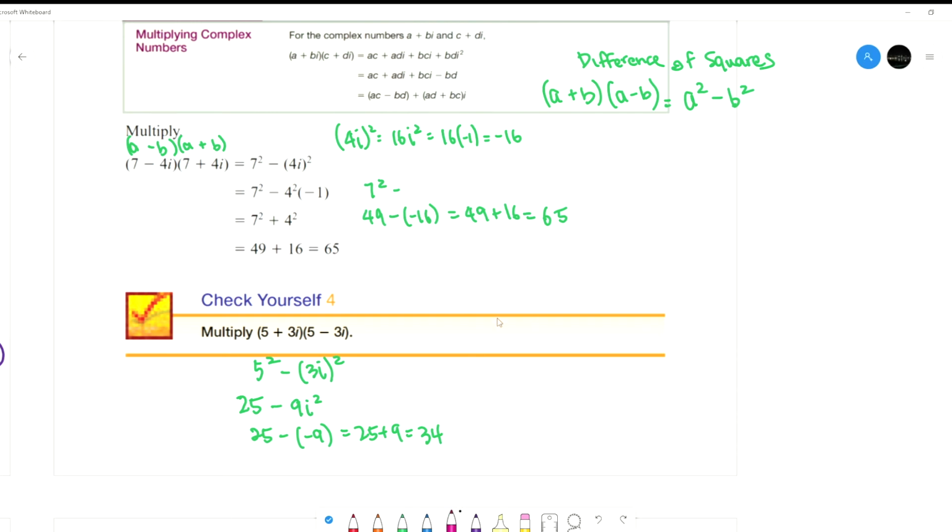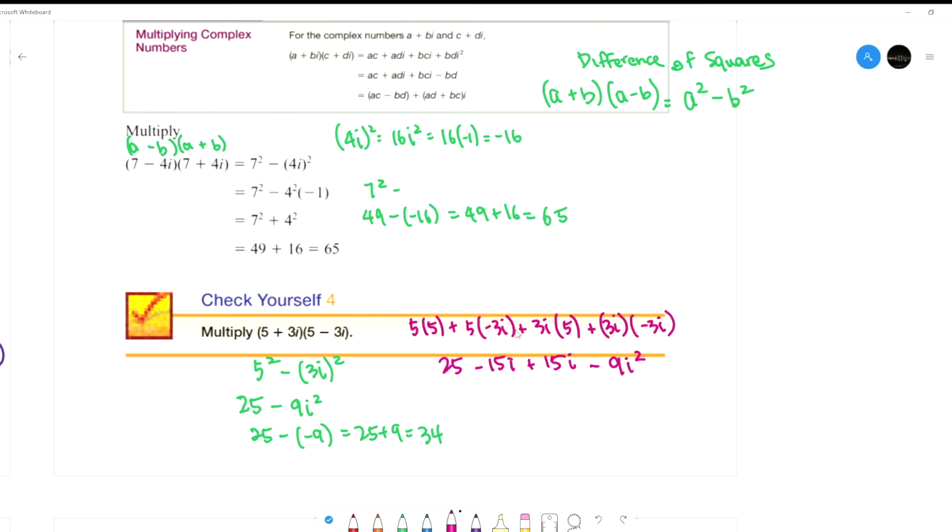And alternatively, you can FOIL it, right? If you were to FOIL it, you would get, first, 5 times 5 plus 5 times negative 3i plus 3i times 5 plus 3i times negative 3i. That's the FOILing method. So this is 25 minus 15i plus 15i minus 9i squared.